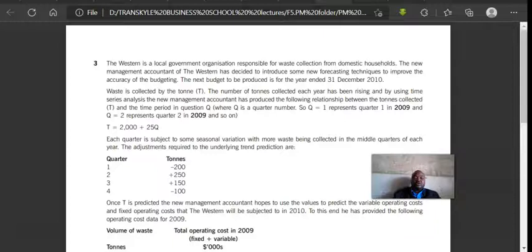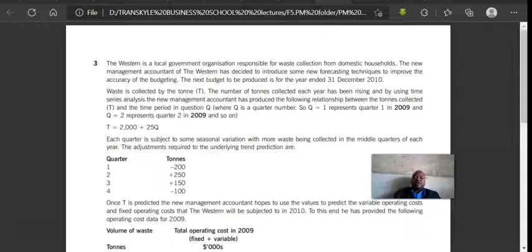Waste is collected by the ton, represented by capital letter T. The number of tons collected each year has been rising, and by using time series analysis, the new management accountant has produced the following relationship between the tons collected T and the time period in question, that is Q, where Q is a quarter number.